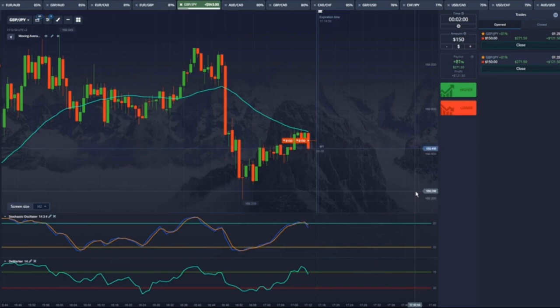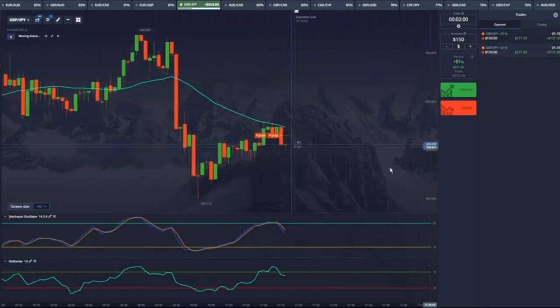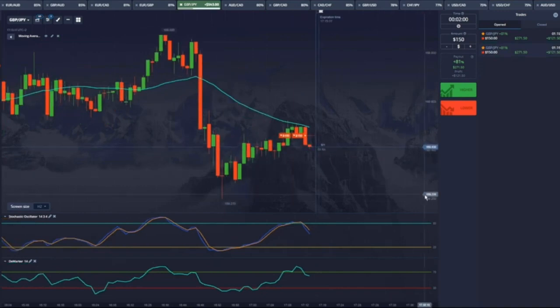The signal is given by the stochastic oscillator as it is leaving the overbought condition downward, and the entry signal is confirmed by the demarker indicator as it is leaving the overbought condition downward as well.